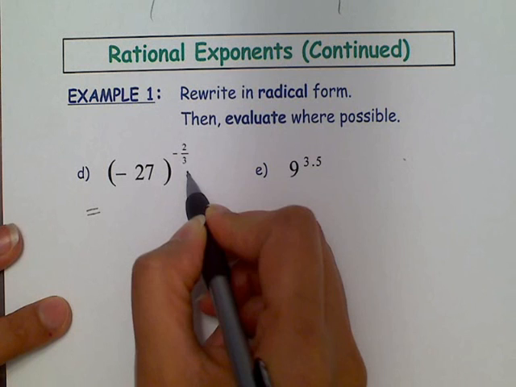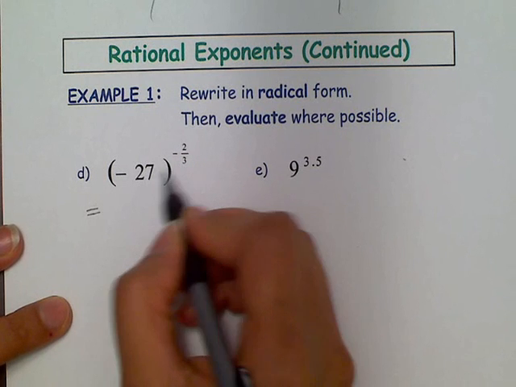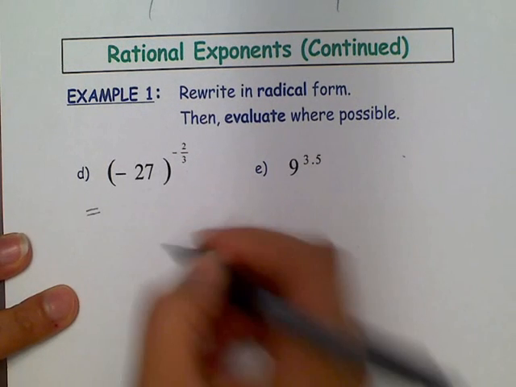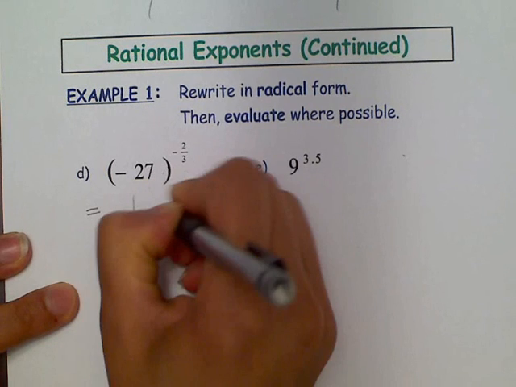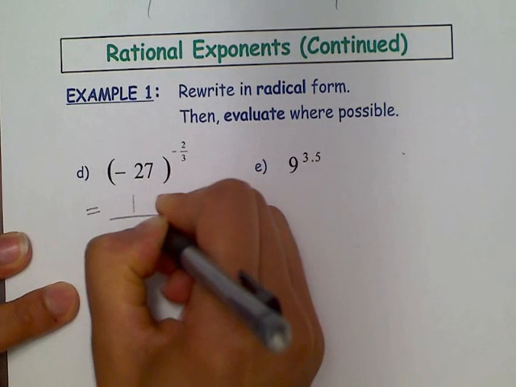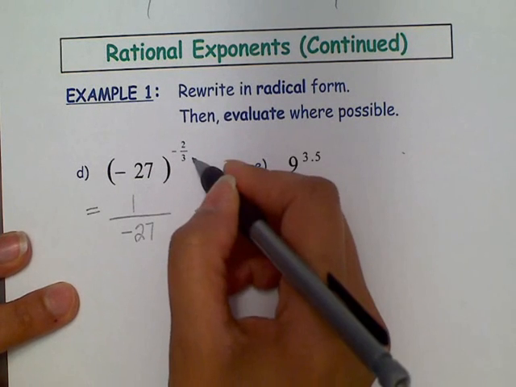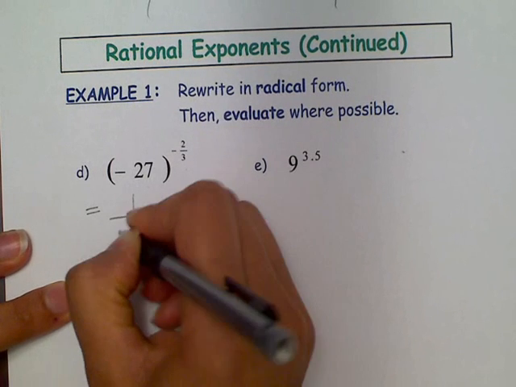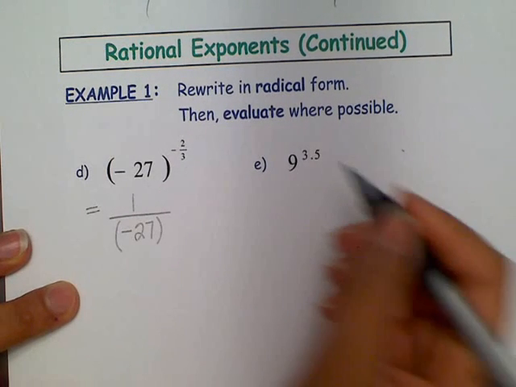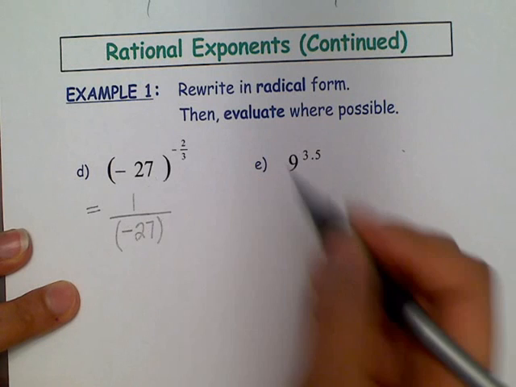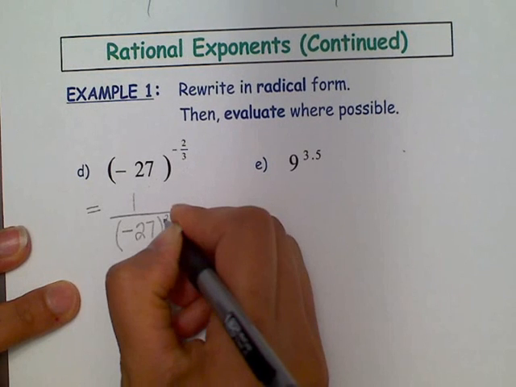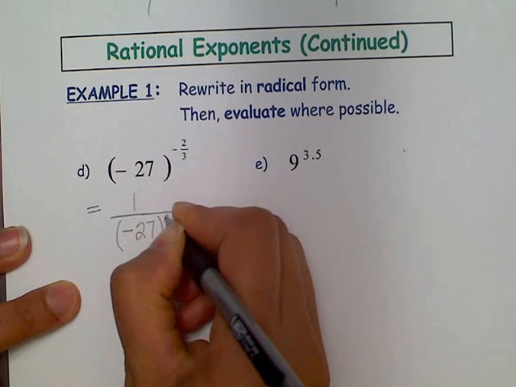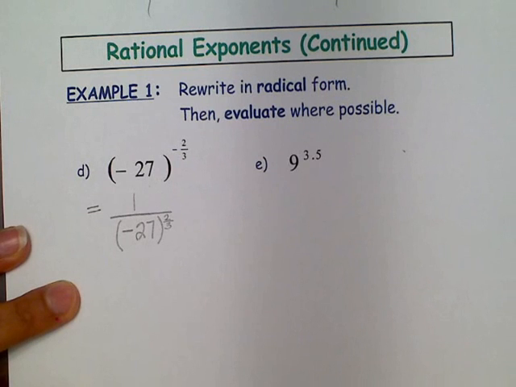So the first thing we need to do is apply the negative exponent rule. So we will rewrite the base to a positive exponent. So that'll give me 1 over negative 27, and that's going to be to a positive exponent of 2/3. So remember to put brackets around your negative 27, just like it was here. The whole base is negative 27. And now your exponent's going to be 2 over 3.